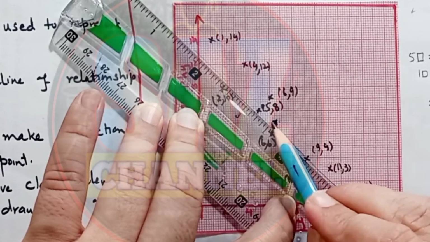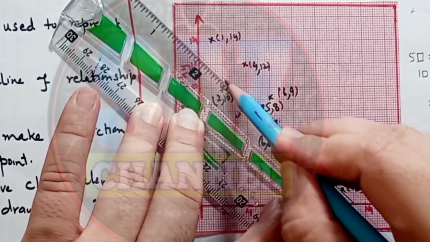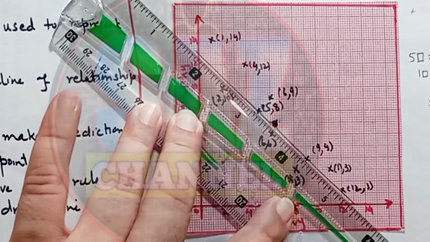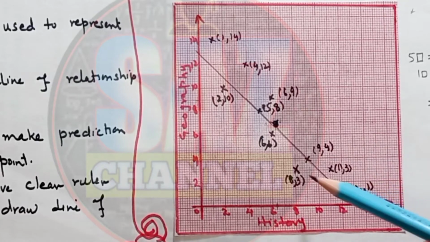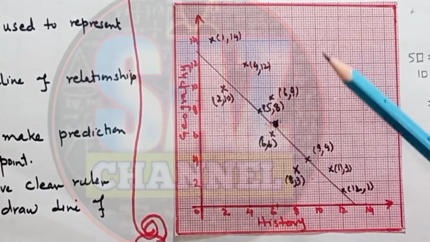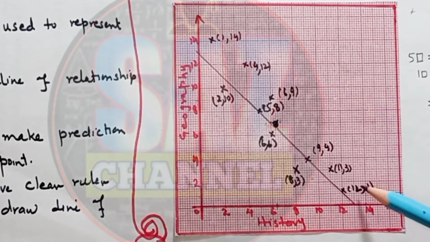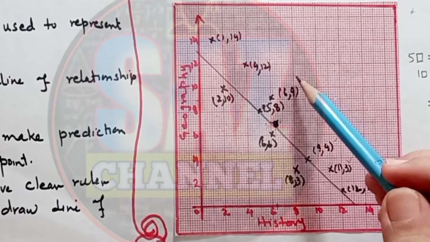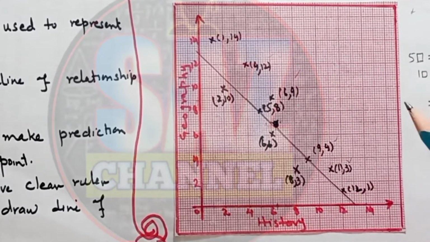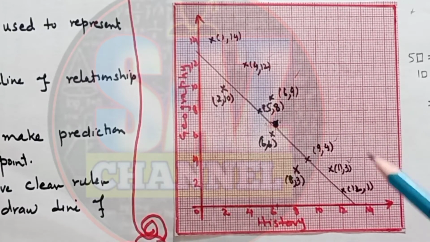If I'm drawing the line from this place, I'm observing that I have 1, 2, 3 points below the line, and this point is almost on the line. 1, 2, 3, 4 and 5 points above the line.